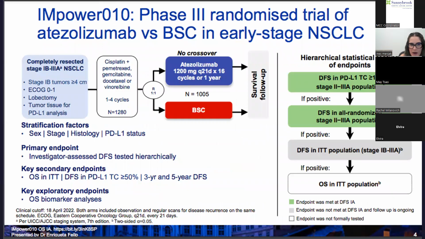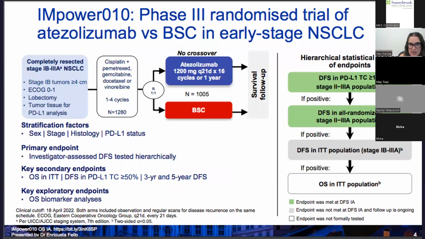The design of the EMPOWER-010 is a phase 3 clinical trial. Patients who had completely resected stage 1B to 3A non-small cell lung cancer, with stage 1B tumors equal or over 4 centimeters, ECOG 0 to 1, underwent a lobectomy and PD-L1 analysis.